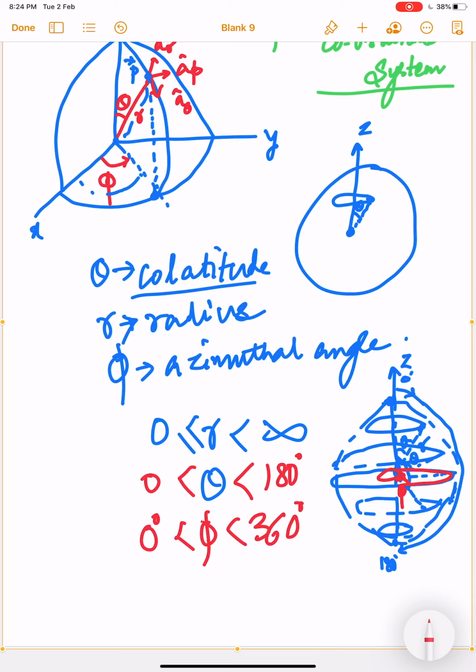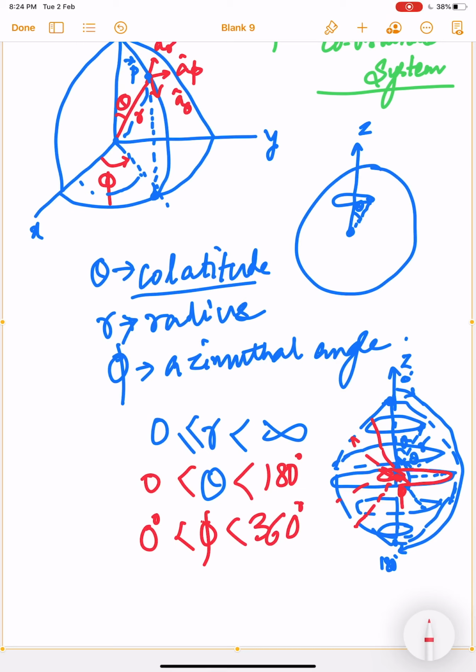On the other hand, I increased my theta beyond 180 degrees, up to 360 degrees. Then also I can form that same sphere. So you have to keep thinking about which limits are appropriate for creating the sphere you want.